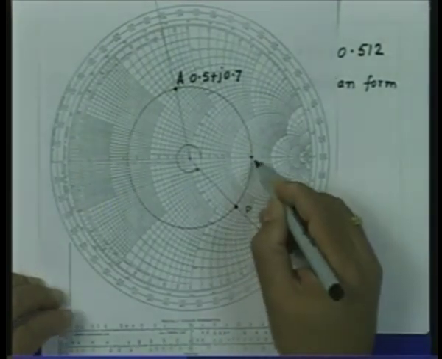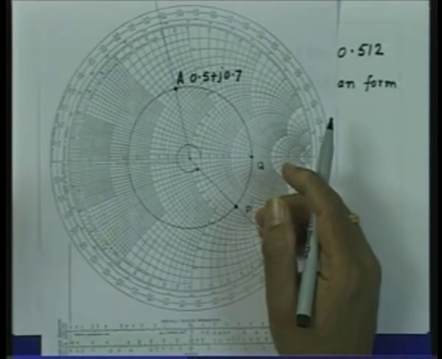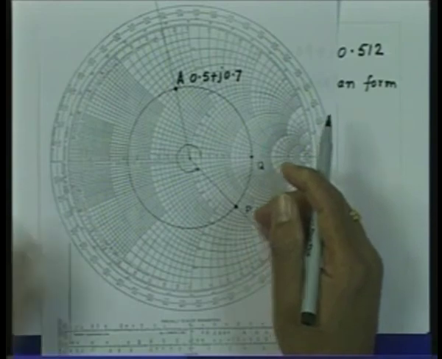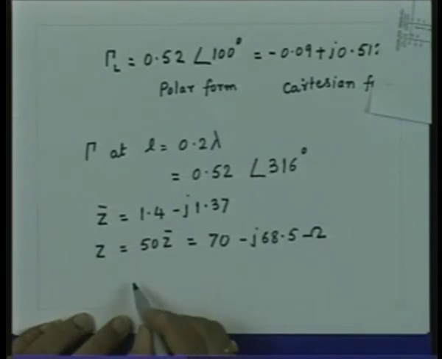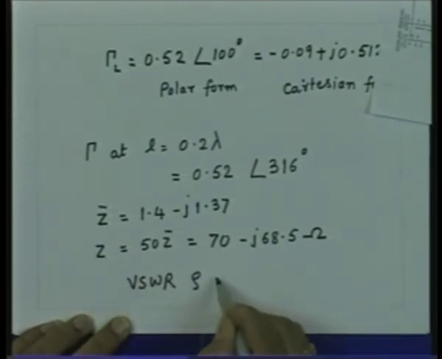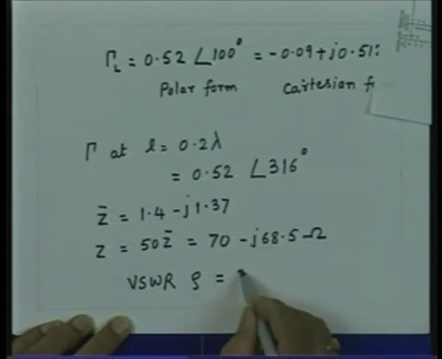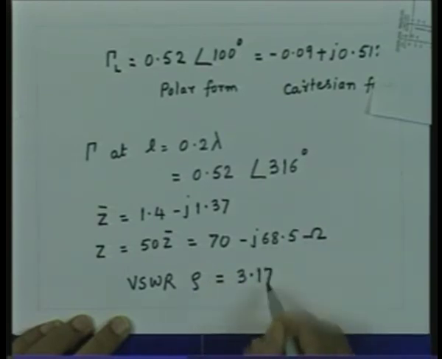So, if the point is lying somewhere between 3.1 and 3.2, roughly we may say the value is 3.15. The accurate value of this point is 3.17. So, we can read off that value and we will get a VSWR rho that is equal to 3.17.